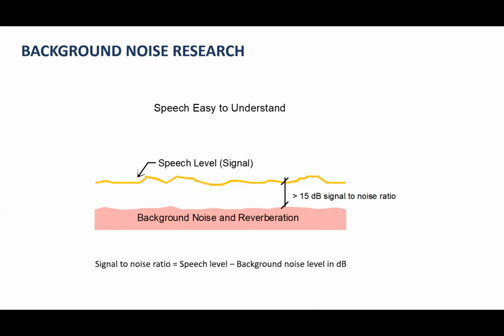If we have a relatively low background noise level, and we have a speech sound that's 15 dB or so higher than your background sound, that's helpful in classroom acoustics to facilitate learning.